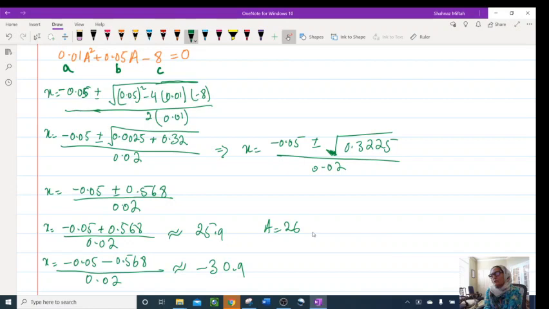So I'm just going to write: 26 is the approximate age of a woman whose systolic blood pressure is 115 mm. I'm just writing my units with it.